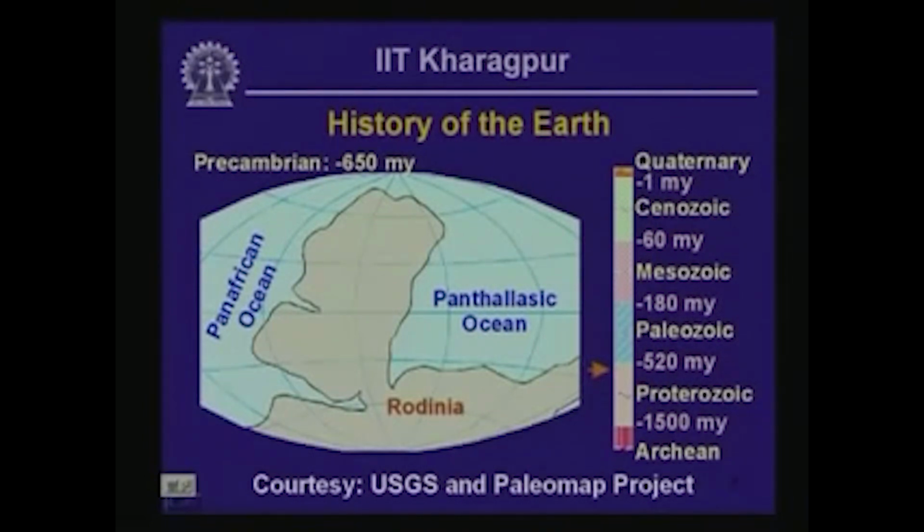Okay, what is shown on this particular cartoon is how the earth looked 650 million years ago in the Precambrian age. And on the right, what I have shown is a bar chart showing the names of different geologic ages, and the boundary between these geologic eras.